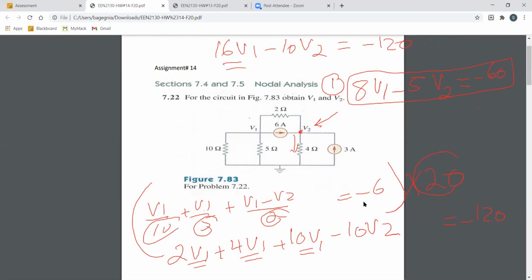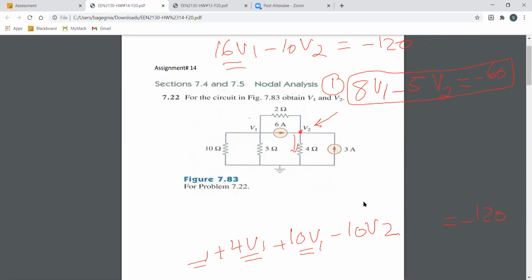Now we move to node number 2, and we do the same steps: applying KCL, and then converting I's into V's by applying Ohm's law. So two steps we need to do. We have 6 coming in. Let's put I3, I4, and the 3 here.